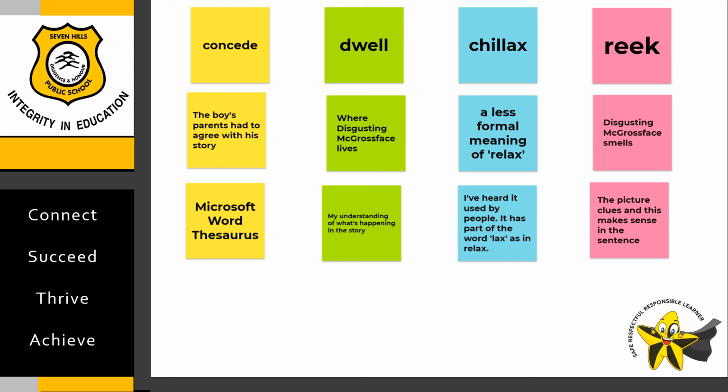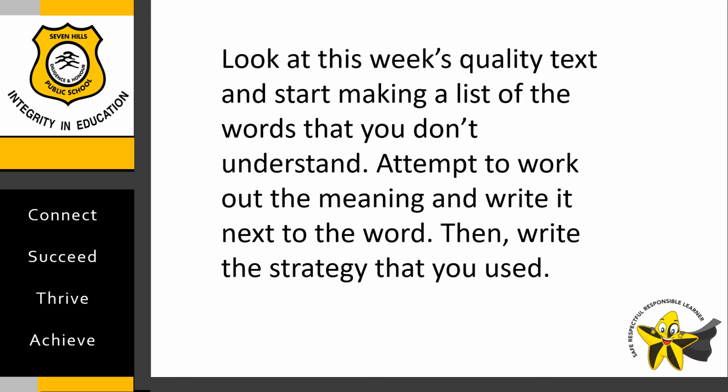So what you're going to do is exactly what I've done today. You're going to look at this week's quality text, and you're going to start making a list of the words that you don't understand. You're going to attempt to work out the meaning first, so you can either use the pictures, you can use your understanding of what's happening in the story, okay?